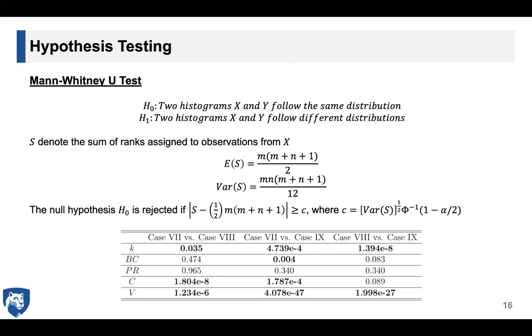Here we perform the Mann-Whitney U-test for pairwise comparison between histograms among different simulation cases. This U-test is for comparing whether 2 histograms follow the same distribution or not. The S here denotes the sum of ranks assigned to observations from distribution X. Here's an example showing the pairwise comparison between histograms in simulation study group 3.